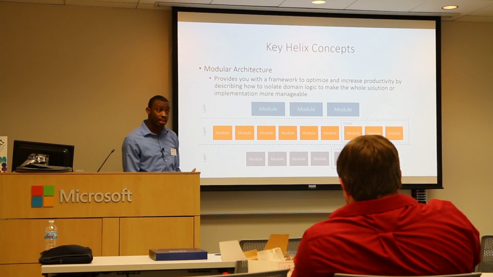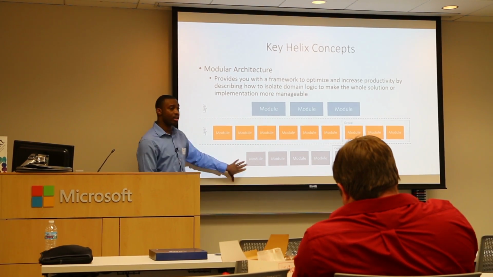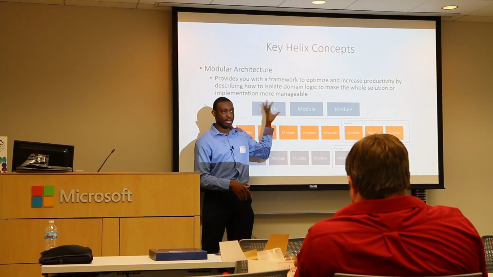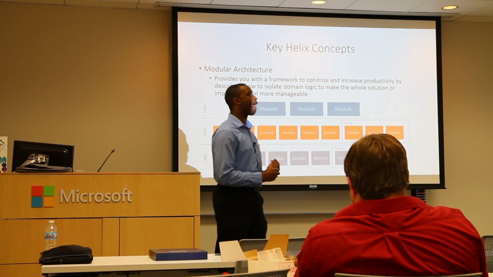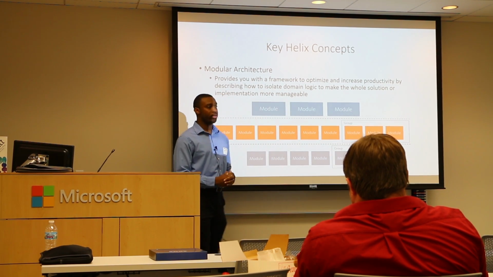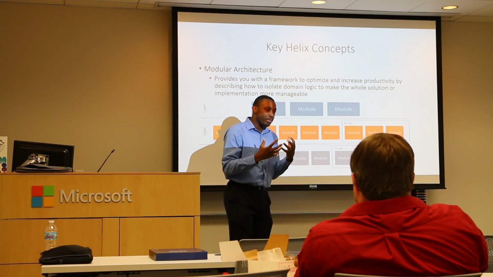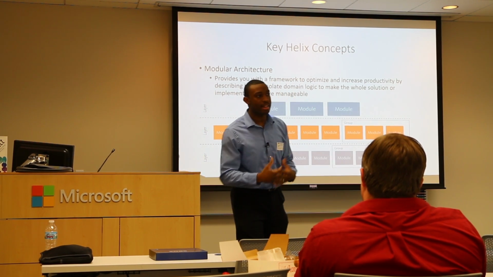So when I code something, this module shouldn't depend on this module. If it does, it should go here. This module can depend on these, but it shouldn't depend on this module. So for instance, if you're building a blog and you're building a CRM integration, those will be two different modules. Both code bases shouldn't depend on each other, and that's the idea of Helix.